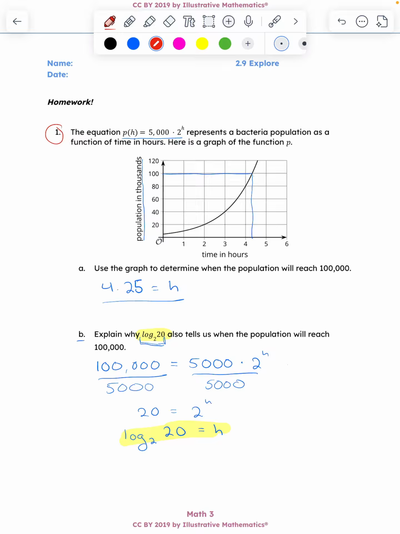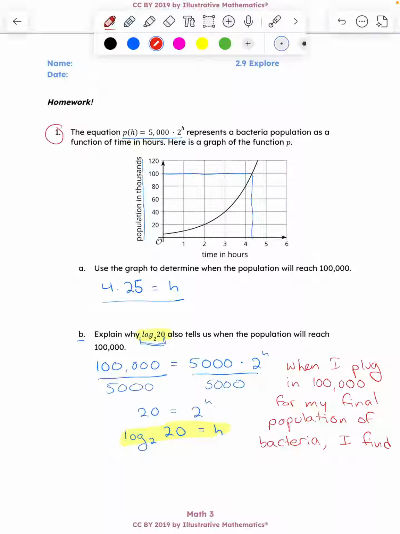I could say when I plug in 100,000 for my final population of bacteria, I find that log base 2 of 20 hours have passed.